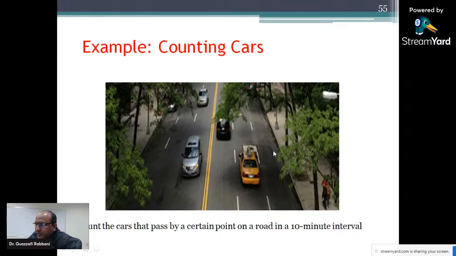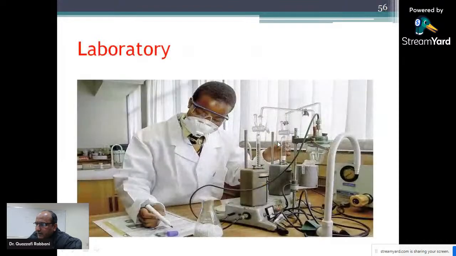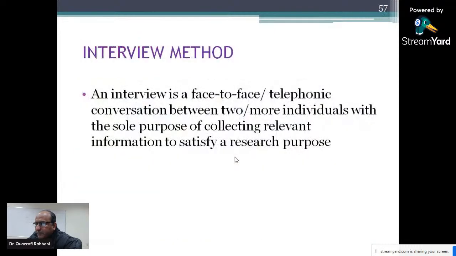So this is an example of observation data. And the laboratory is also observation. In the laboratory, you collect the data using some experiment. So this is an example of collecting data by the observation method.